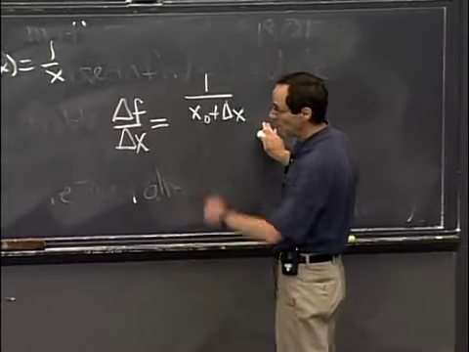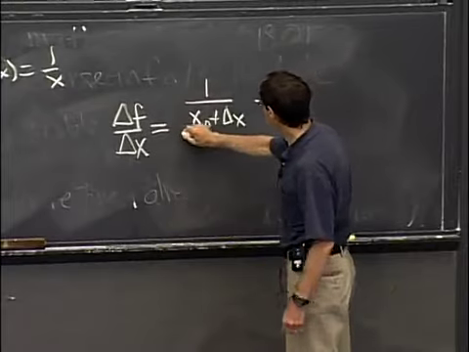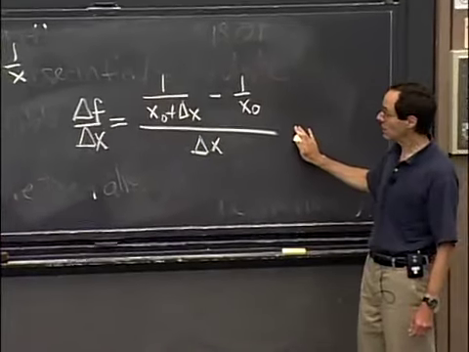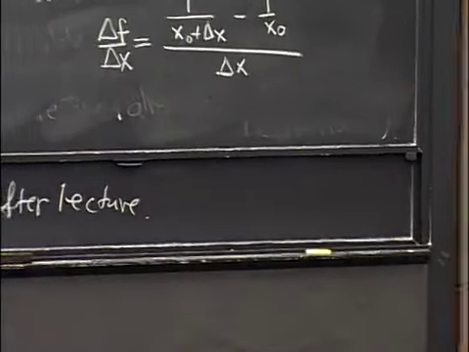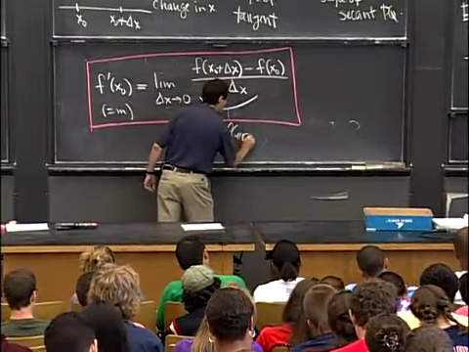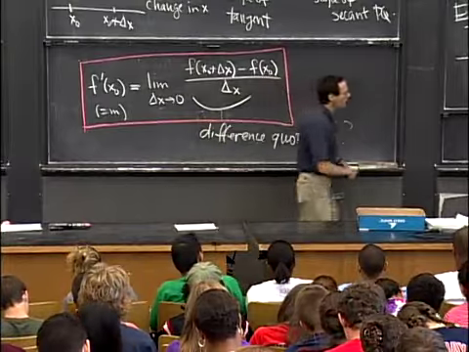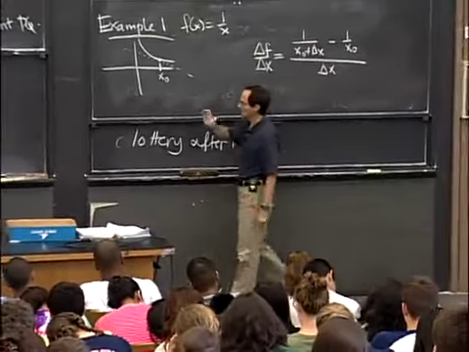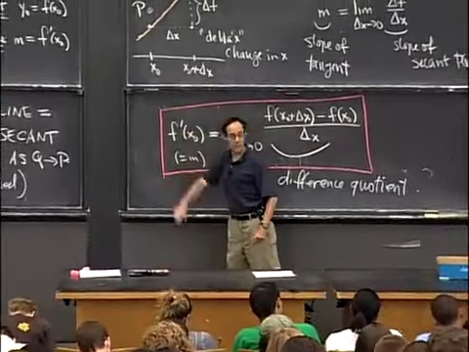That's the left-hand term, minus 1 over x0. That's the right-hand term. And then I have to divide that by delta x. Okay, so here's our expression. And by the way, this has a name. This thing is called a difference quotient. It's pretty complicated because there's always a difference in the numerator, and in disguise the denominator is a difference because it's the difference between the value on the right side and the value on the left side here.